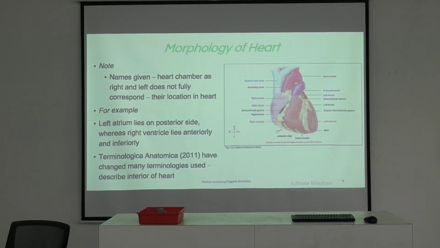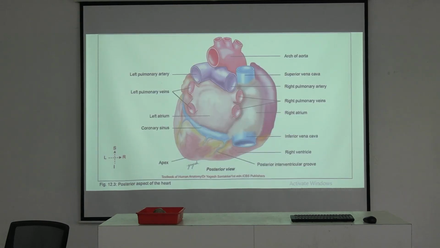Here this is the right ventricle and this is the left ventricle. This is the anterior interventricular groove. The apex is solely contributed by the ventricles. Again, we can see the apex from behind. So this is the apex.